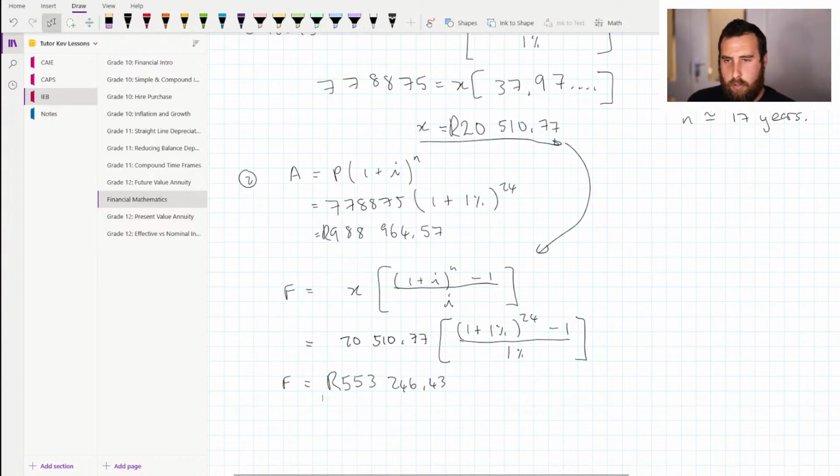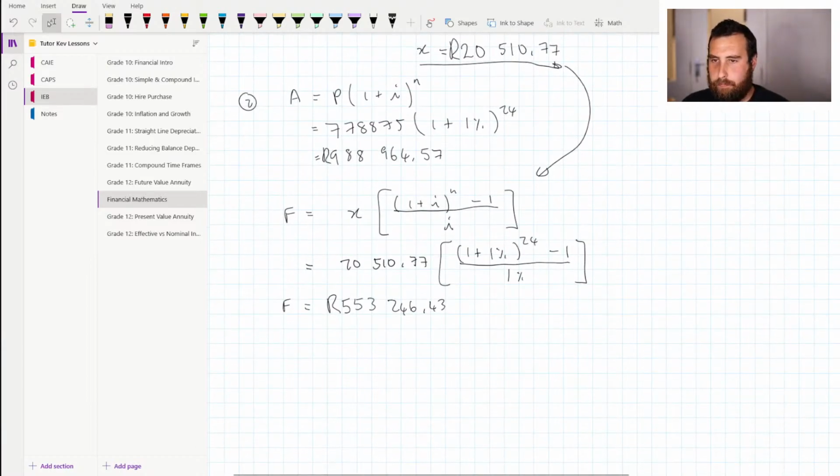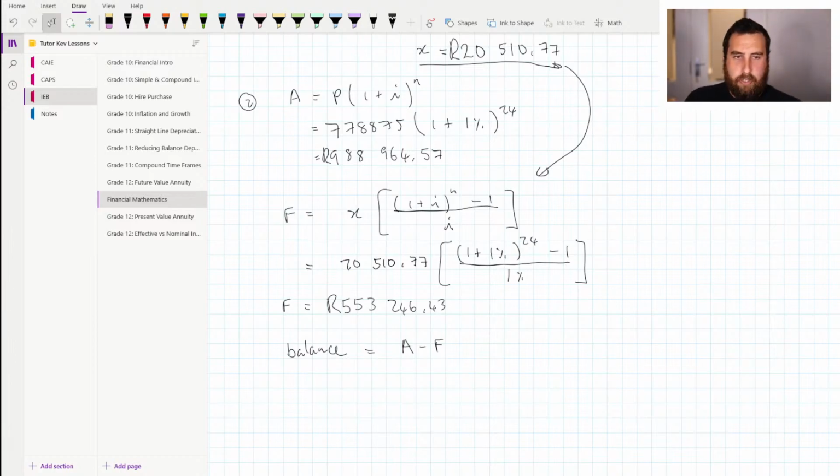So after 2 years worth of monthly repayments at 20,000 Rand per month, the total amount has got to just over 500,000. And so our outstanding balance is equal to A minus F. Okay, so it's your final or your compounded interest less how much you've paid back with interest.